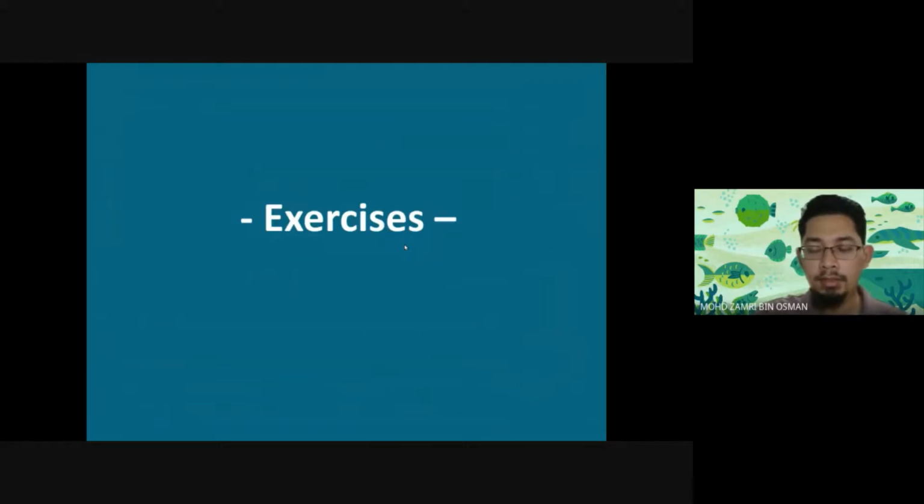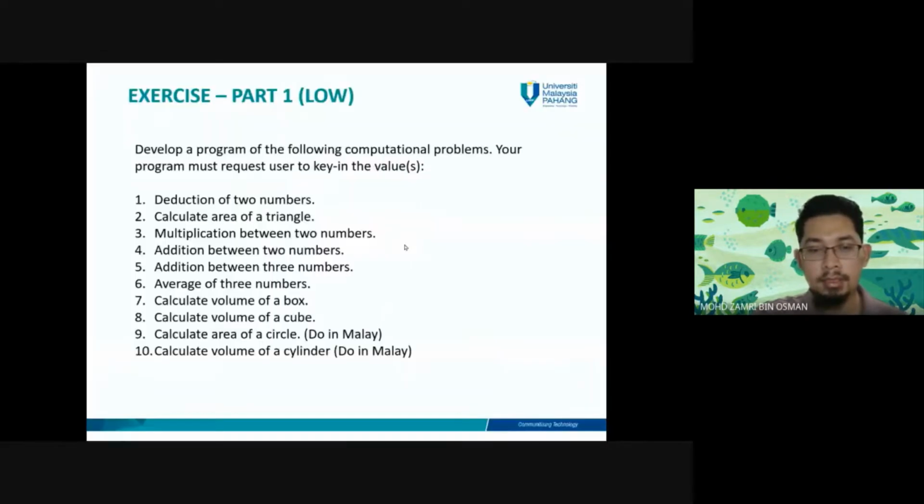The end of this slide is regarding the exercises that you need to do. We have multiple exercises, number 1 until number 10. My intention is that you develop a computer program using Python. Numbers 7 until 10 are the low level, very easy to do.